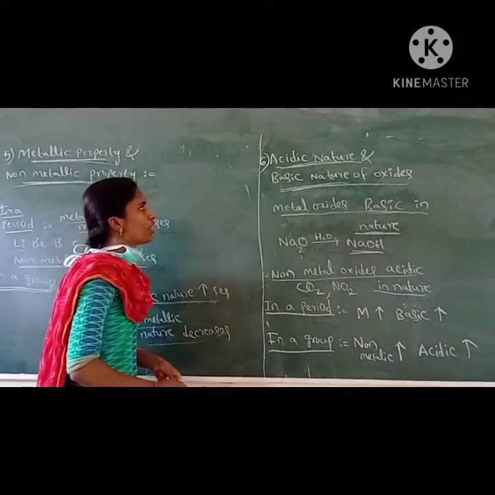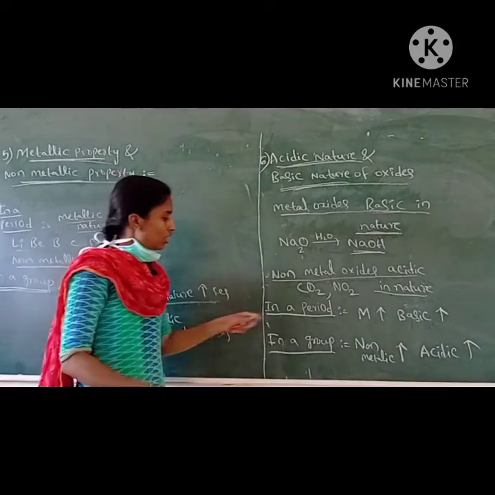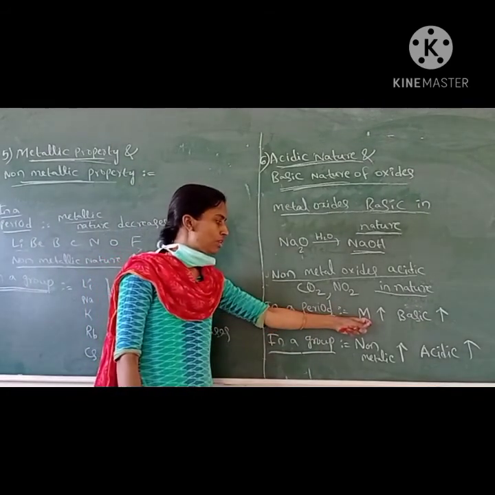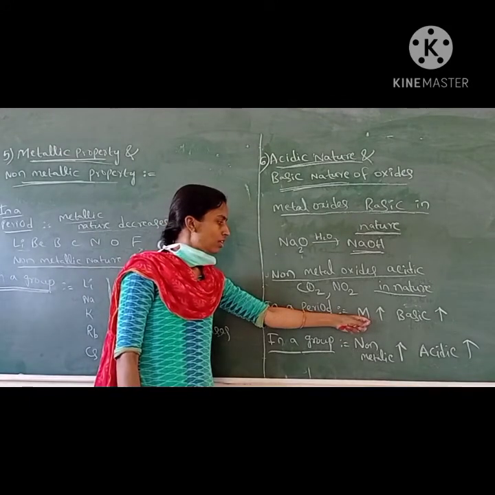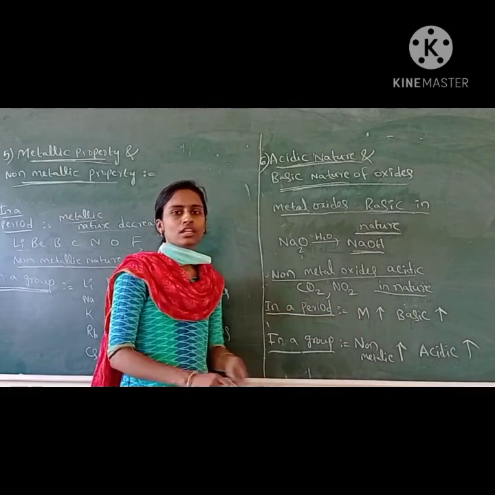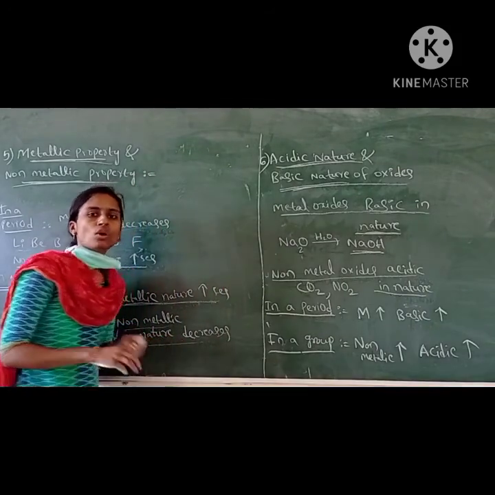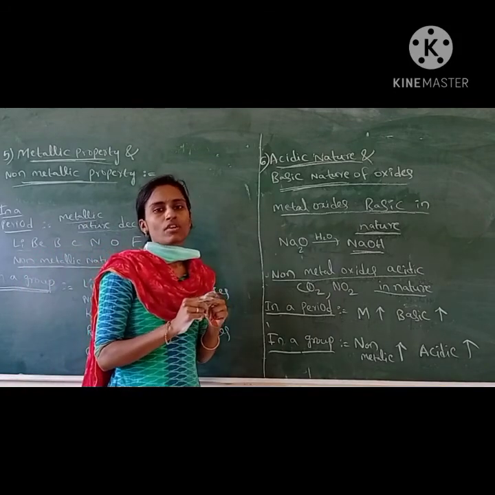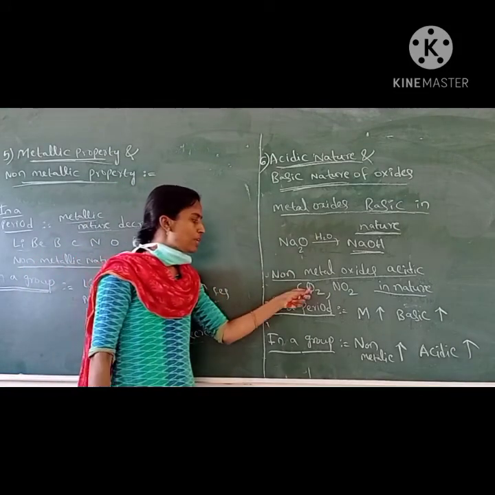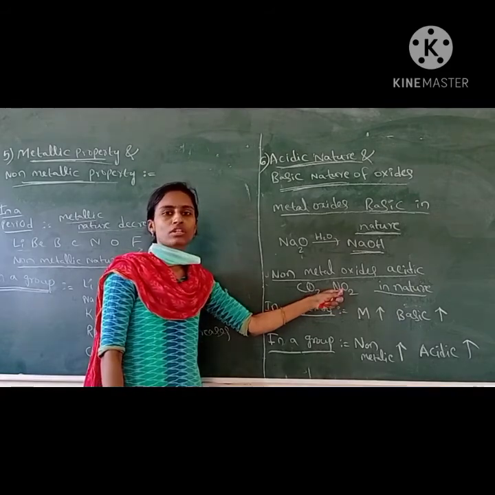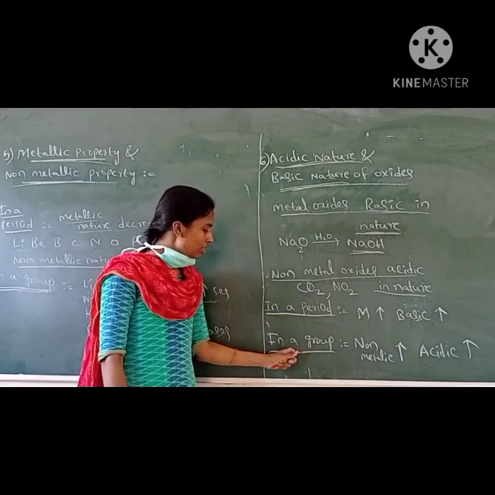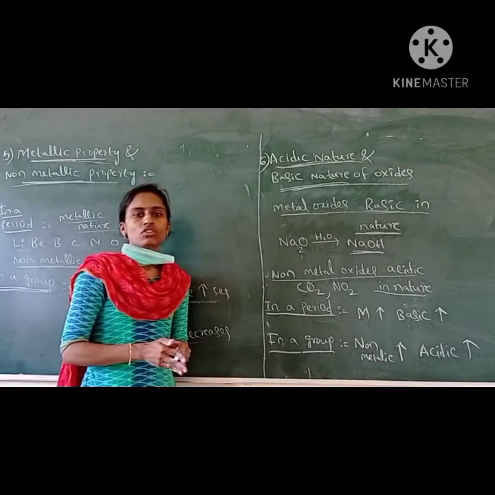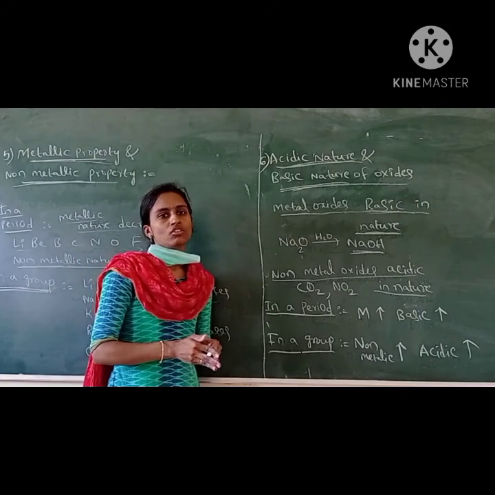So what happens to the acidic nature and basic nature in periods and in groups? In a period from left to right, metallic character decreases, so basic nature also decreases. In a period from left to right, acidic nature of oxides increases; carbon dioxide, nitrogen dioxide and halogen oxides are more acidic. And in a group, when we move from top to bottom, basic nature increases because metallic nature increases.